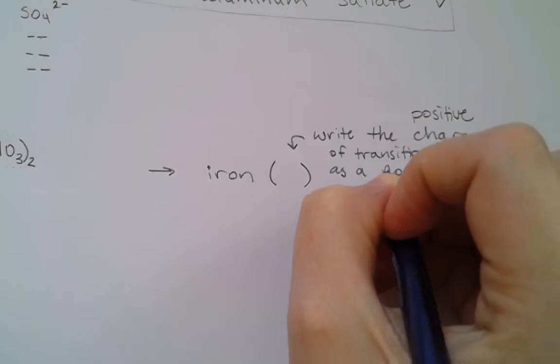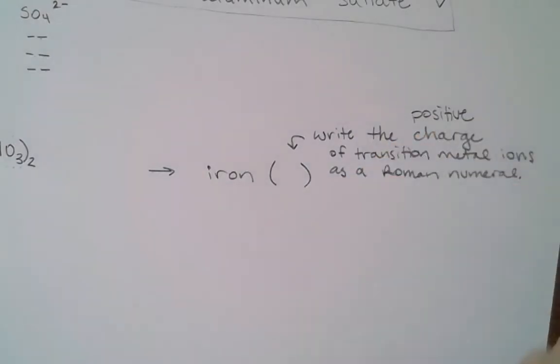Okay, I'm going to make the prediction that we'll go over this in class a little bit today, and I will record that and post it also. But I don't know if you guys had a bunch of stuff like this in Chem A, but anyway, it's good. Okay. Write the positive charge of transition metal ions as a Roman numeral.